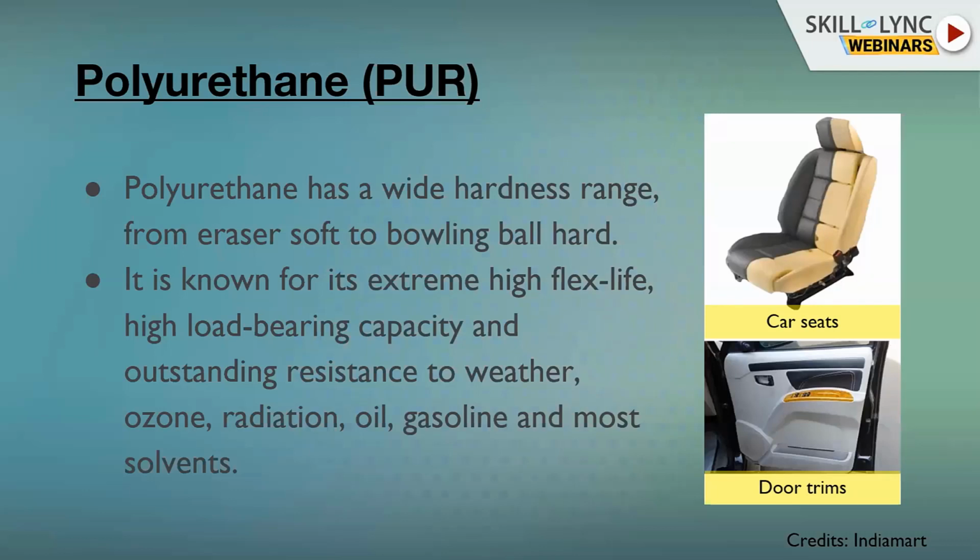That's why you can see it is used as the cushions of the car seat to the hard door trims. It is known for its extremely high flex, high load bearing capacity, and outstanding resistance to weather, ozone, radiation, oil, gasoline, and most solvents.